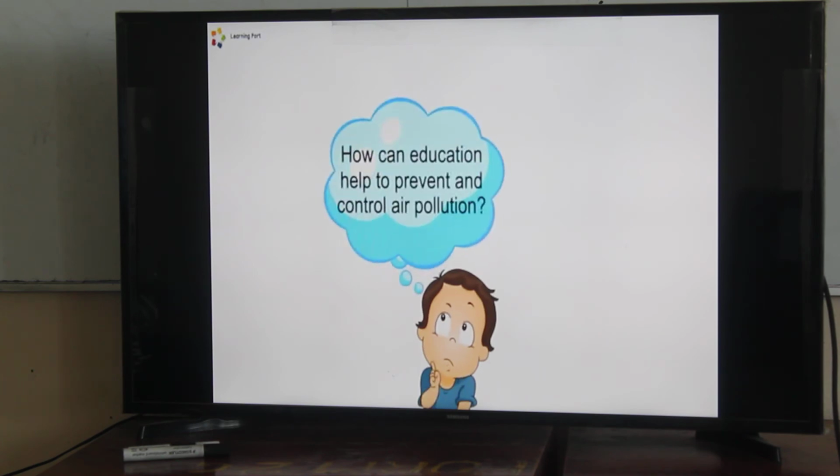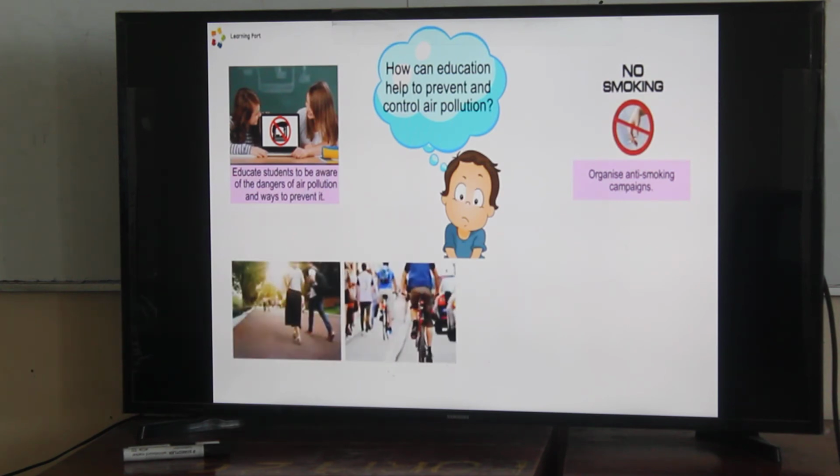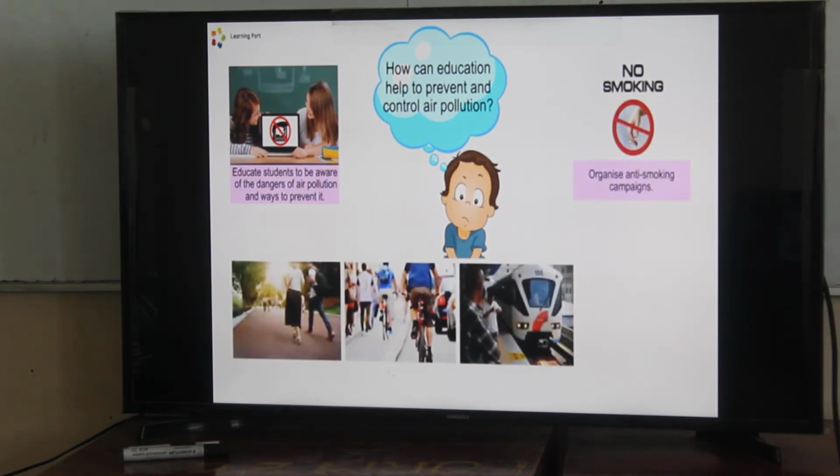How can education help to prevent and control air pollution? We can start by educating students to be aware of the dangers of air pollution and ways to prevent them. We can also organize anti-smoking campaigns. We need to encourage the public to walk or cycle, use public transport, or carpool.